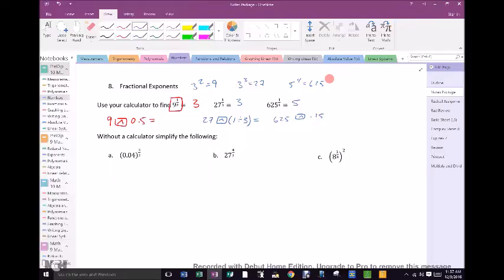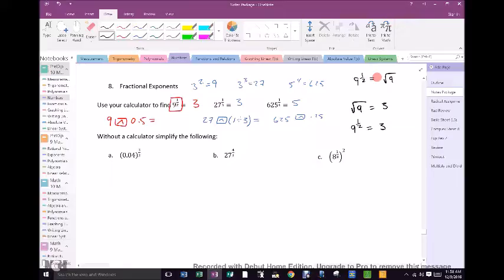What do you know about the square root of 9? It's 3. What do you know about 9 to the 1/2 that you just found out? It's 3. What do you now know about 9 to the 1/2 and the square root of 9? They are equal.